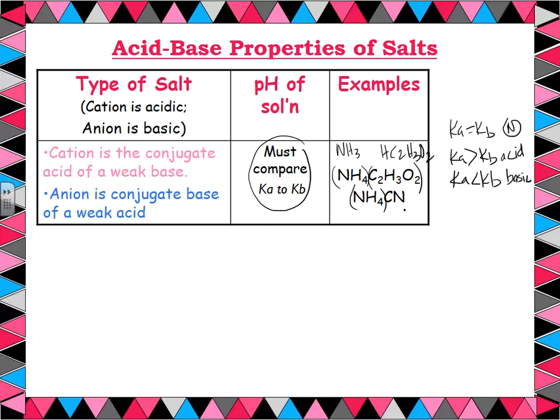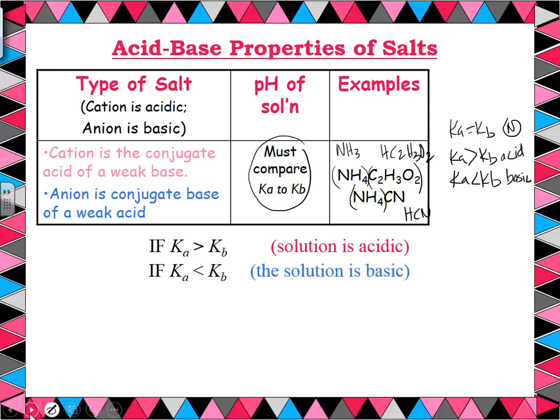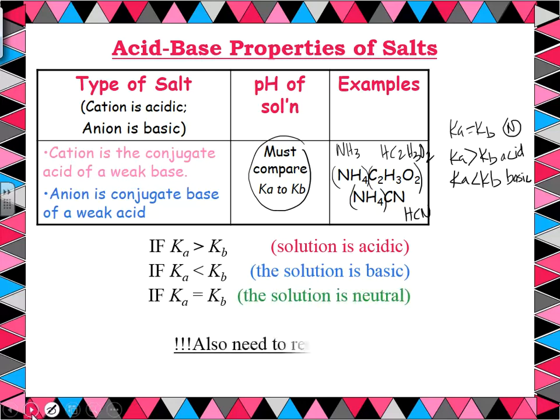With this one, this came from HCN, another weak acid. So if Ka is greater than Kb, the solution is acidic. If Ka is less than Kb, the solution is basic. If Ka equals Kb, the solution is neutral.